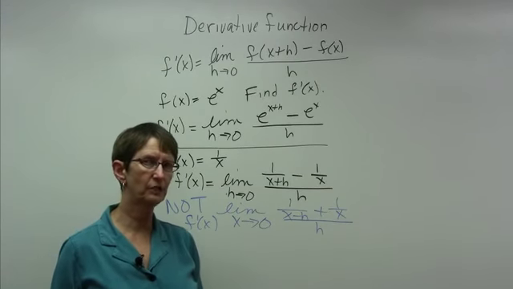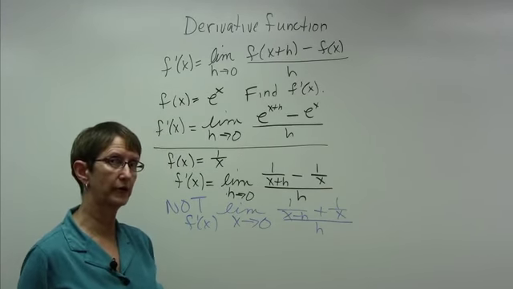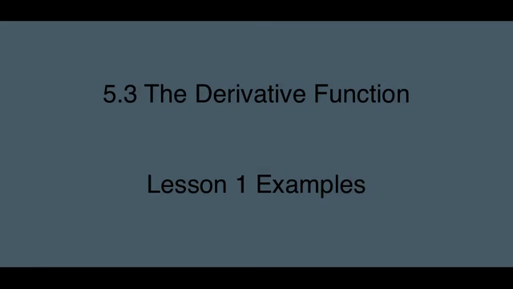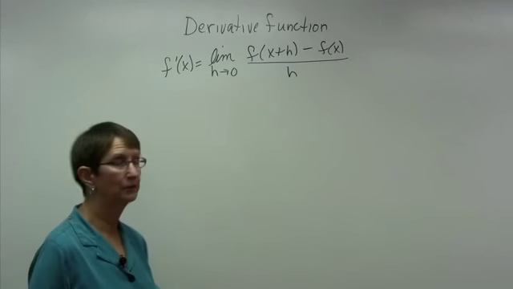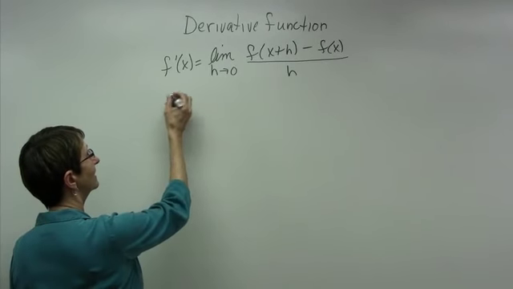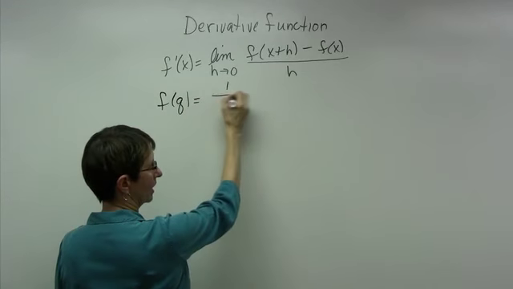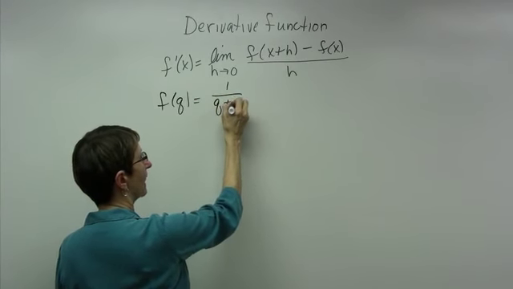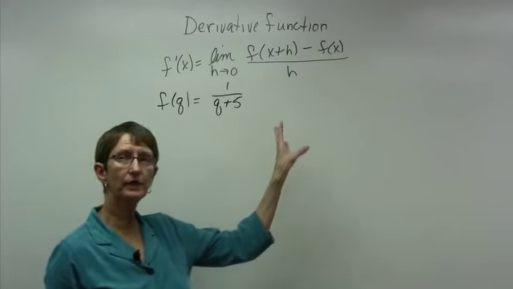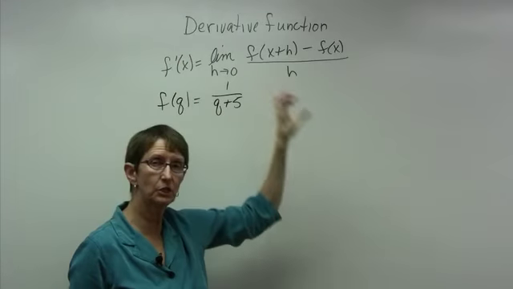Let's look at a little bit different type of function and some different wording. For this example, let's look at the function f of q equal to 1 over q plus 5. And we're not going to put this into the definition.